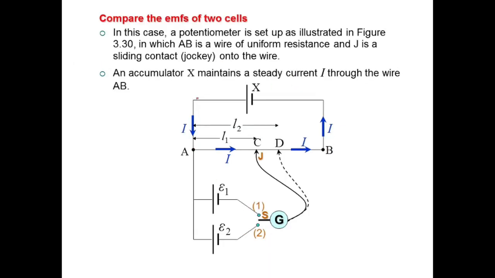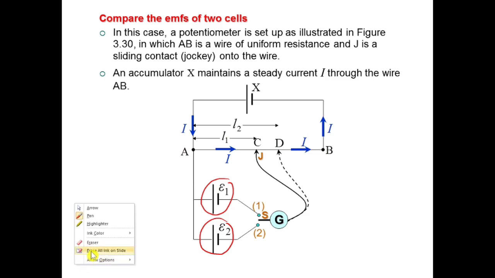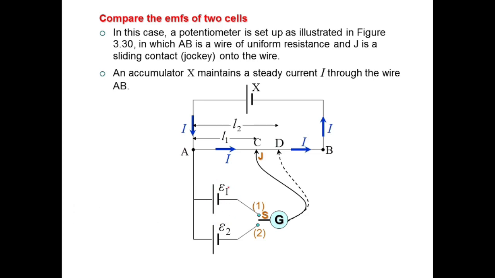We also can compare two different EMFs of cells. The arrangement is just like this. The difference is we have two EMFs connected. But actually they are not connected simultaneously, not both at the same time.